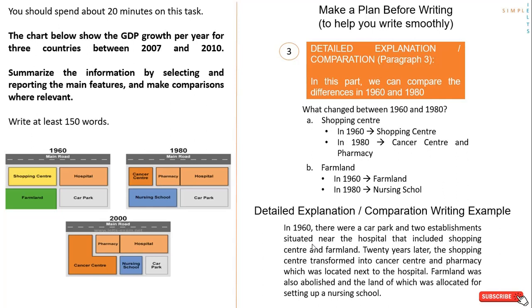Okay, 20 years later, the shopping center transformed into cancer center and pharmacy, which was located next to the hospital. And then farmland was also abolished, or it experienced a change. It was destroyed, we can say it like that, and the land of which was allocated for setting up a nursing school.